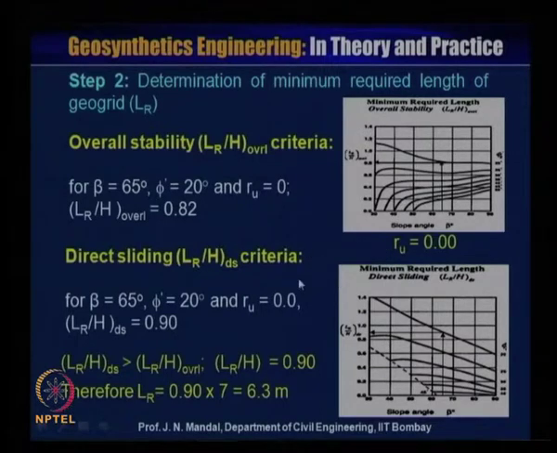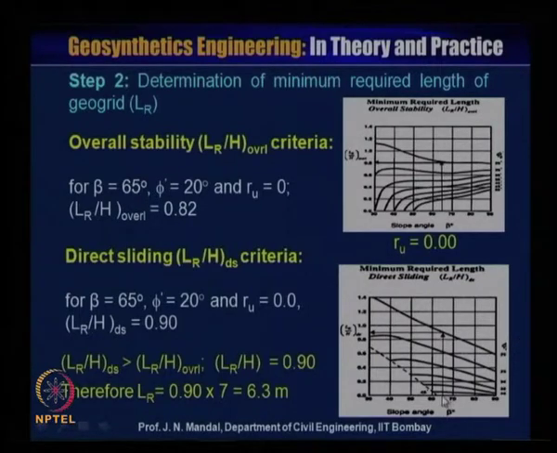Now, next we have to calculate the direct sliding, that means LR by H direct sliding criteria. Again, from this design chart, this is for the minimum required length for direct sliding, that means LR by H S, and this is the slope angle beta, and this is the phi value.